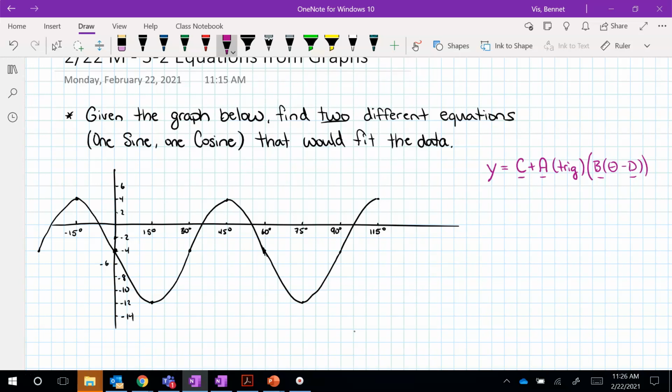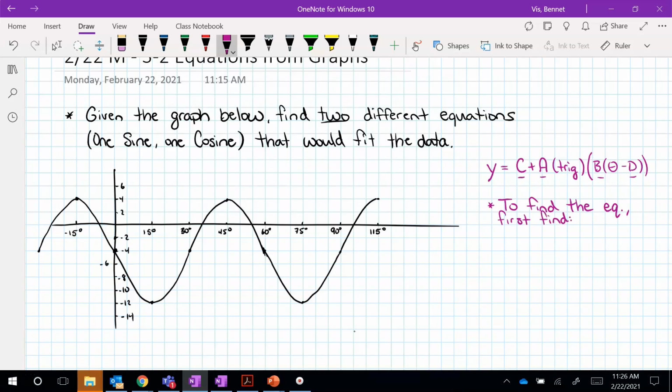And all of those four things are coming from the four main features of this graph: the sinusoidal axis, the amplitude, the period, and the phase displacement. So for this, we want to find the equation. We need to first find what are these features of the graph?